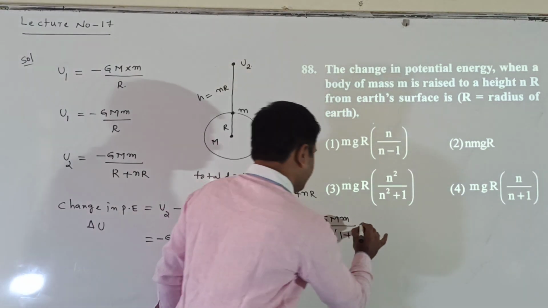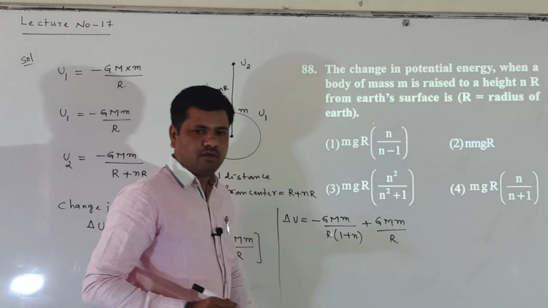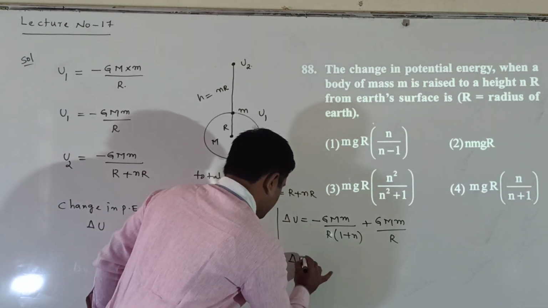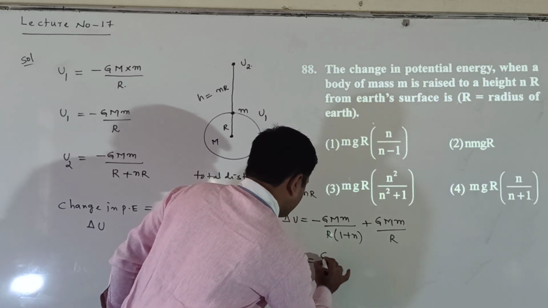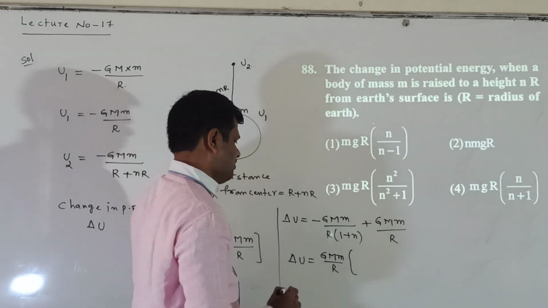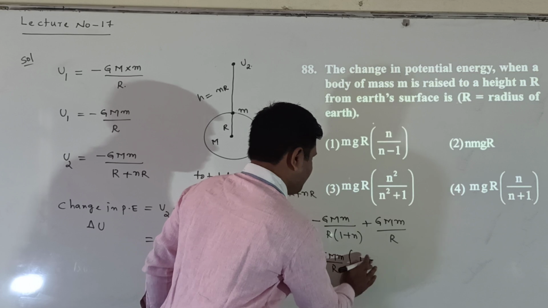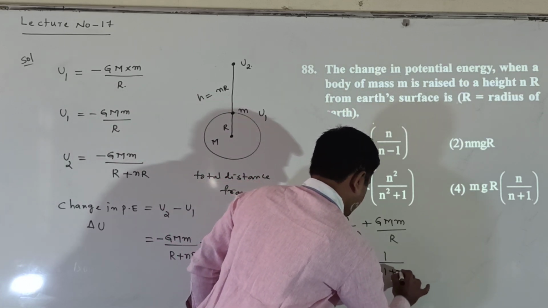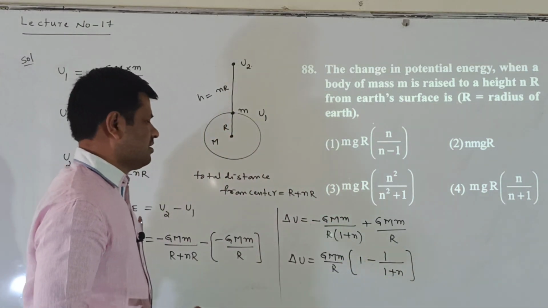Now this is plus GMm by R. Now delta U is equal to GMm by R, taking the common, remaining is 1 minus 1 by (1 plus n).